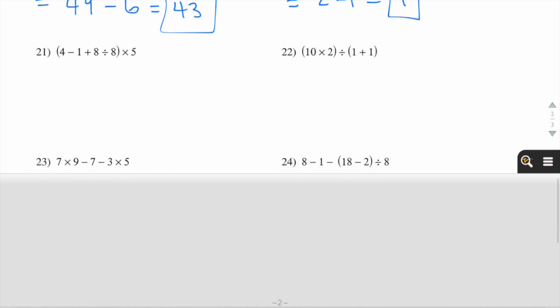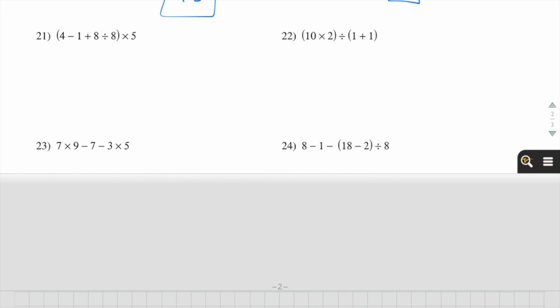Okay, number 21. In parentheses, 4 minus 1 plus 8 divided by 8 times 5. So we do everything in the parentheses first. Then we go through the order of operations inside the parentheses. Do we have parentheses inside the parentheses? No. Exponents, no. Multiplication or division? Yes. So let's do that.